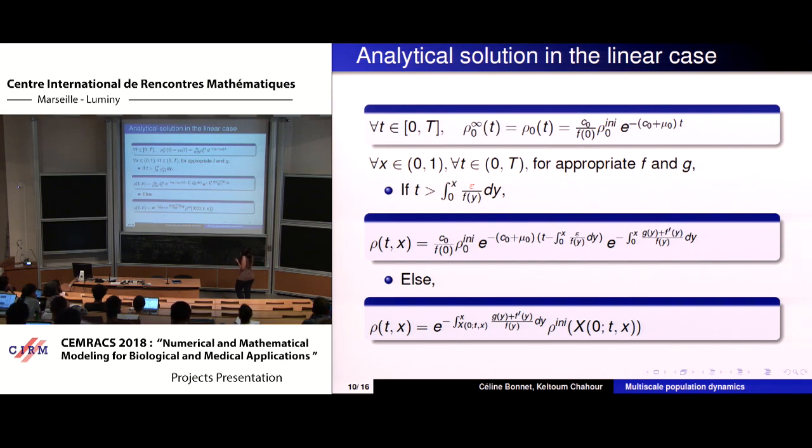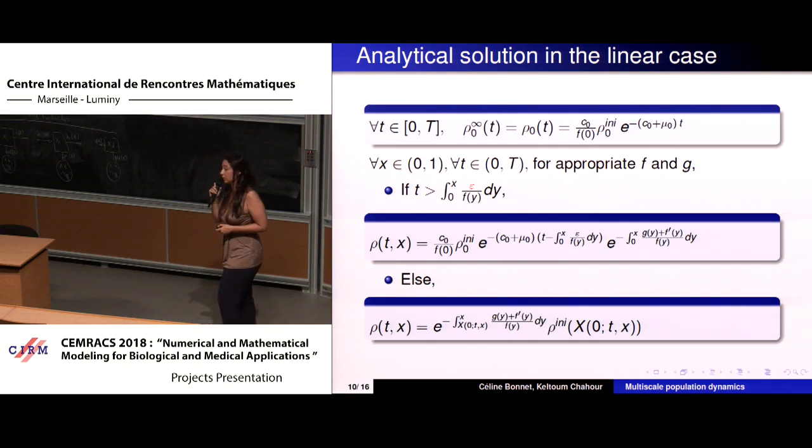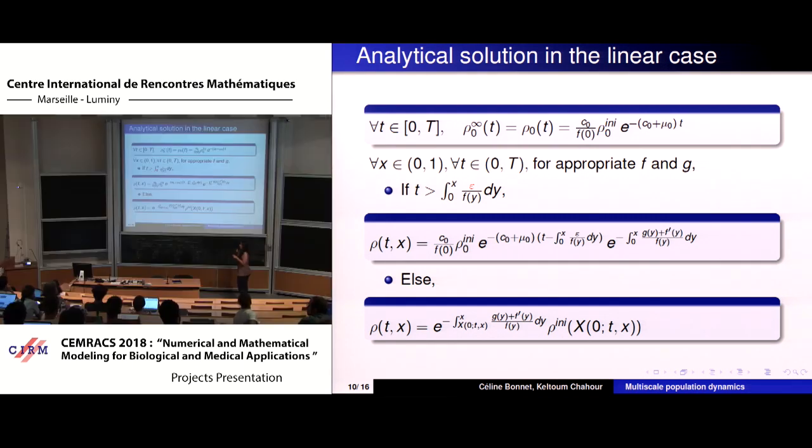Then we use the method of characteristics to solve the equation for the model of epsilon. We see that if you are far enough from the initial condition, you have this expression for the density of the growing follicle, and if you are too close to the initial condition, you have another expression that depends on the initial condition choice.